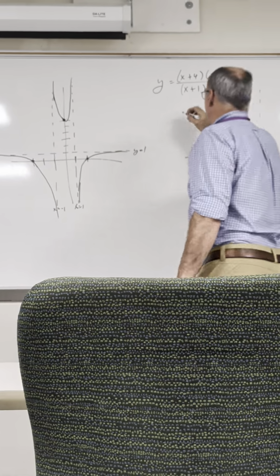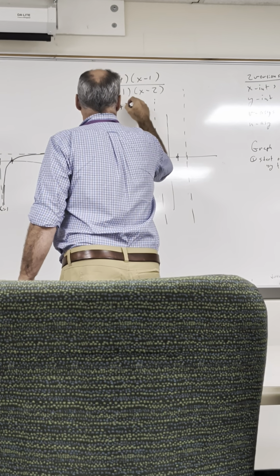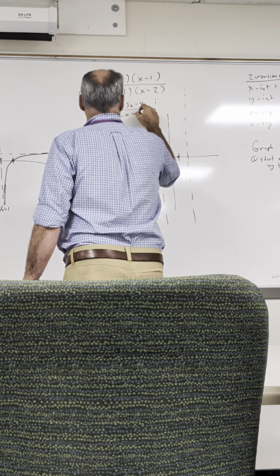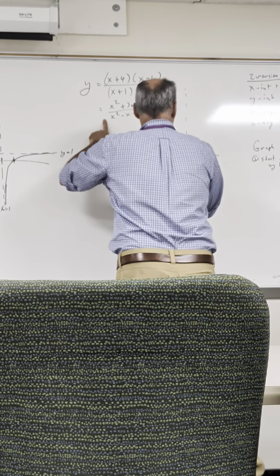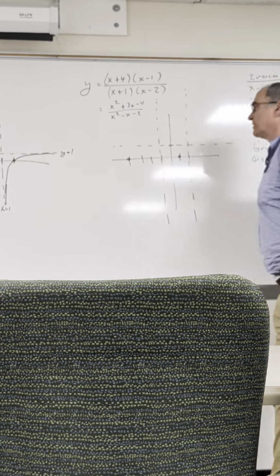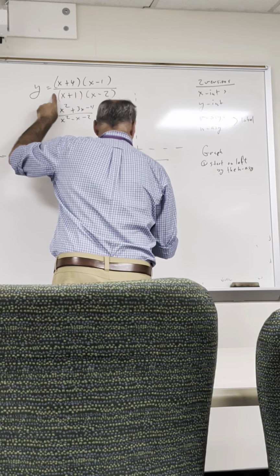The other form would look like x squared plus 3x minus 4 over x squared minus x minus 2. X squared over x squared is 1. That is my horizontal asymptote. I forgot to label, let me do that now.